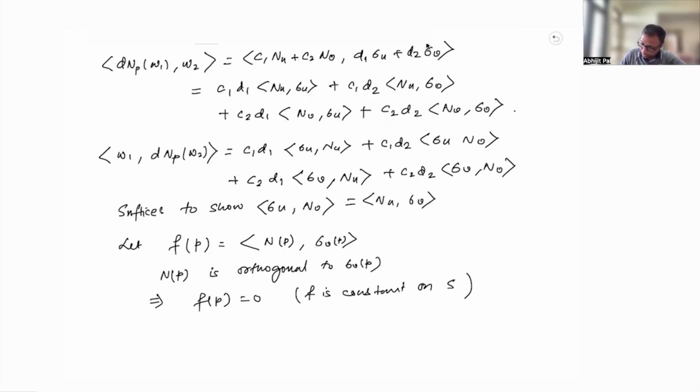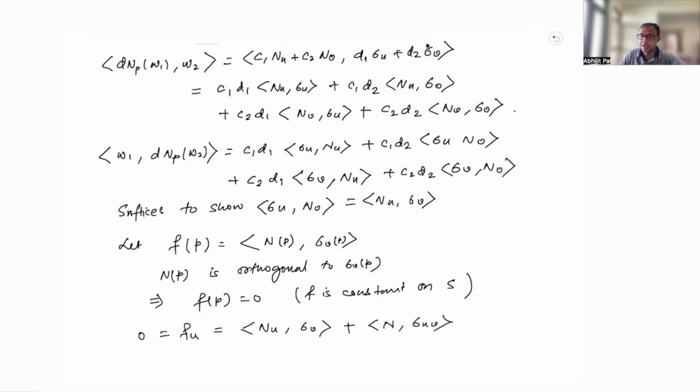So therefore, if I take the partial derivative of f with respect to u, that will also be equal to 0. So 0 equals f_u, which is equal to the inner product of NU comma sigma B plus the inner product of N comma sigma UB.